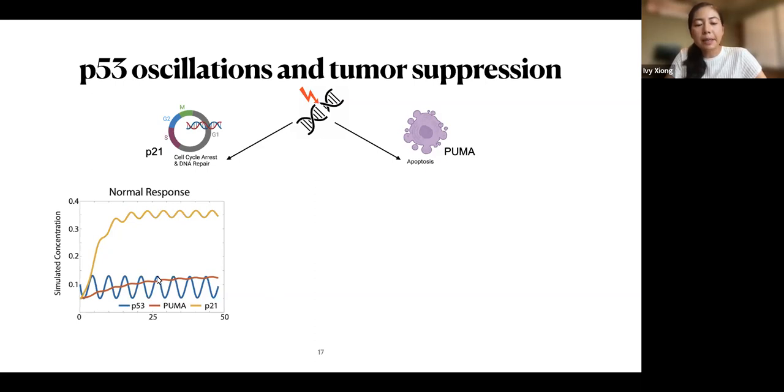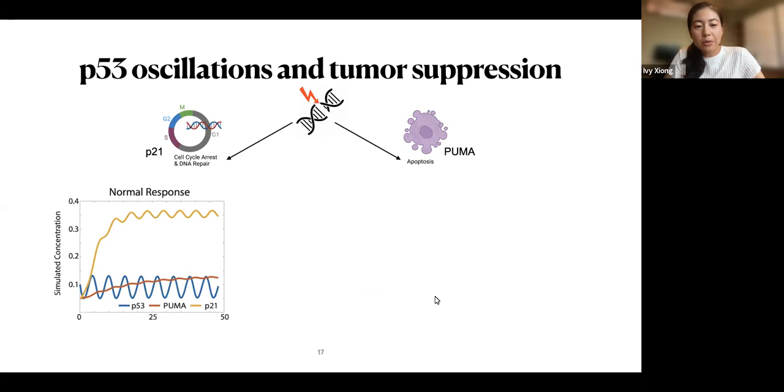This might explain the normal response to moderate DNA damage, which is to arrest cell cycle and facilitate DNA repair. However, if this signal persists, which means DNA damage is still not repaired, the accumulation of PUMA will commit the cell to apoptosis at a later stage.